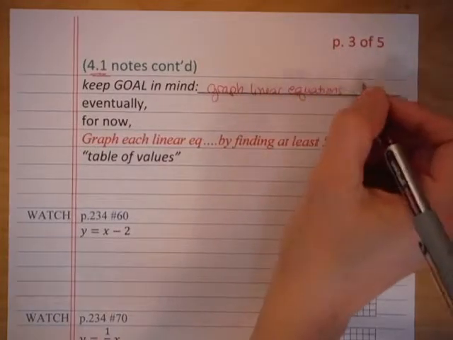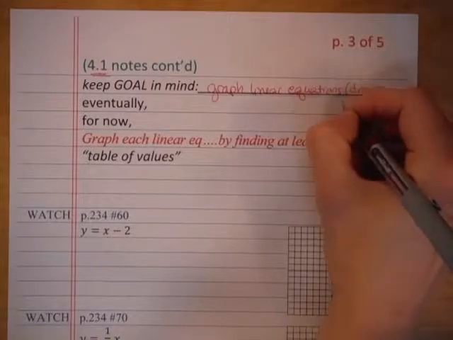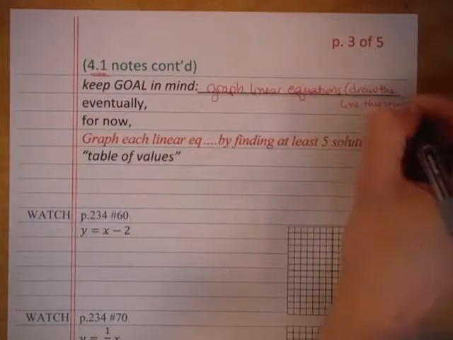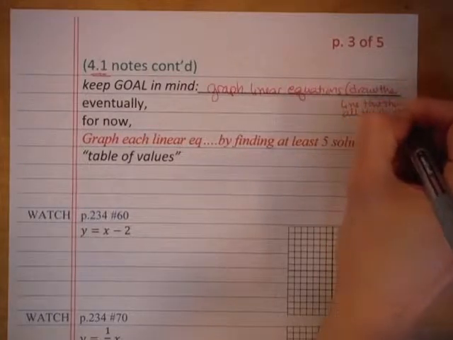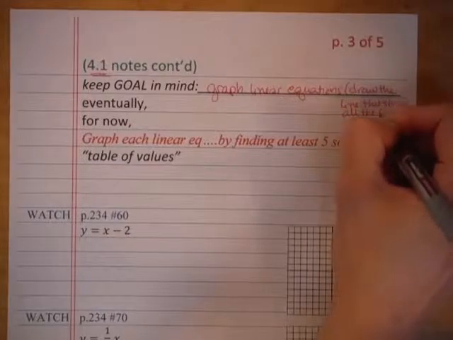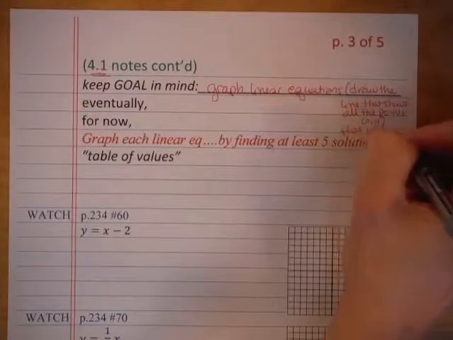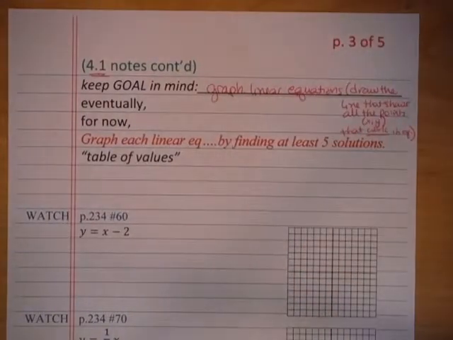What we really are doing is drawing the line that's going to show all the points x, y that work in the equation, all the solutions to that equation. Okay, so that's what we mean by graphing.